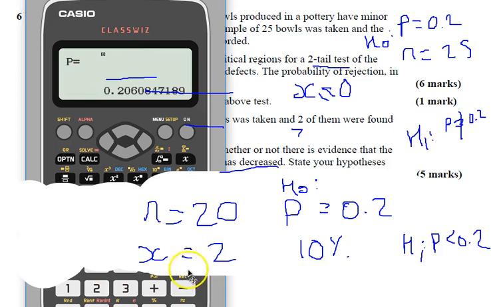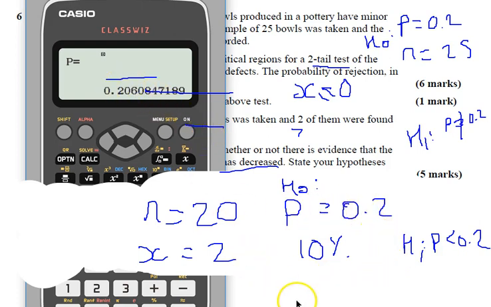And the chance of this happening by just random chance is 20.6%. And we've got a 10% significance level, so that 20% is not small enough. It's not small enough to convince me that it has gone down.